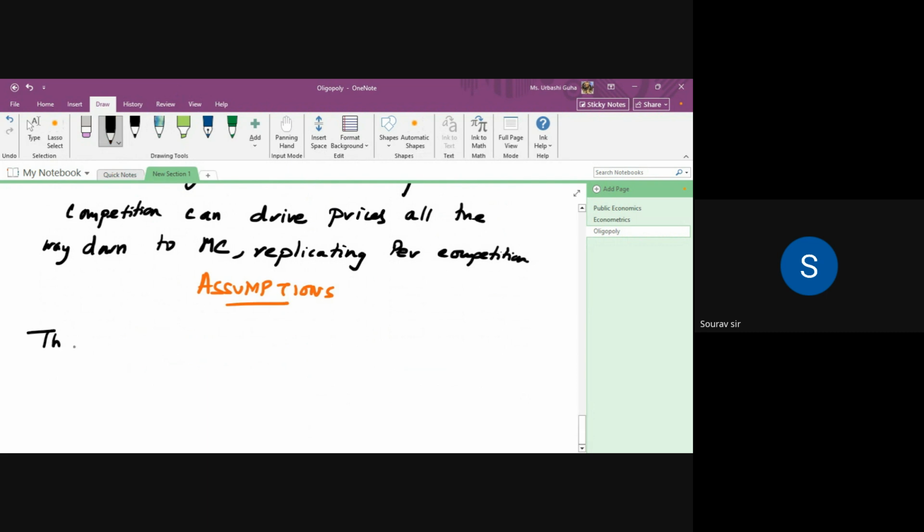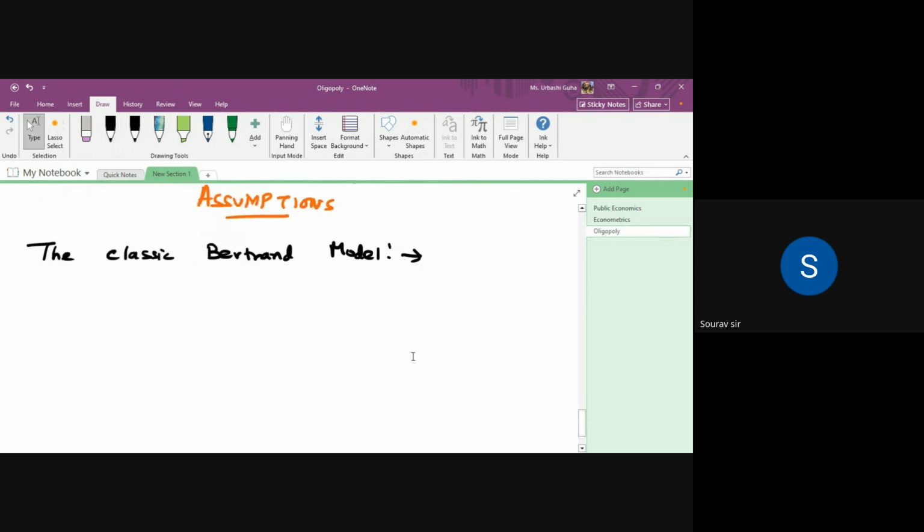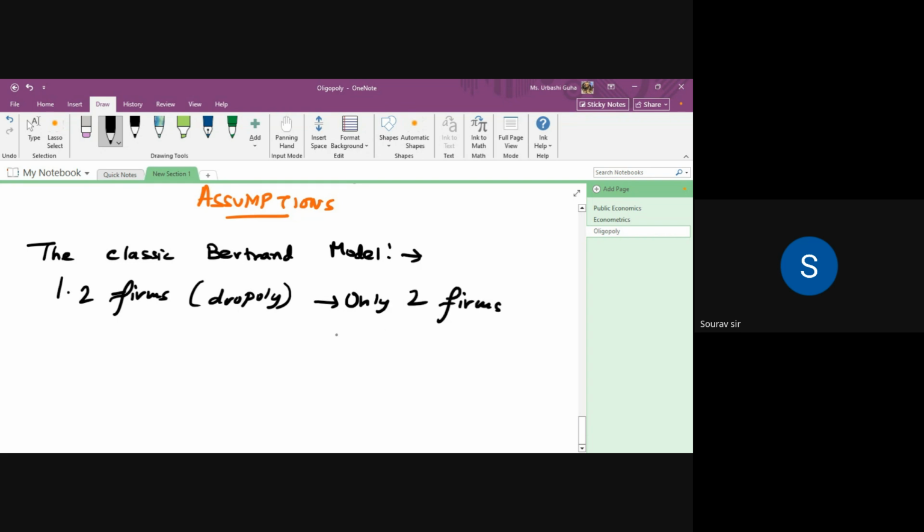The classic Bertrand model assumes there are two firms, so it's a duopoly, only two firms in the market. Second, homogeneous product.